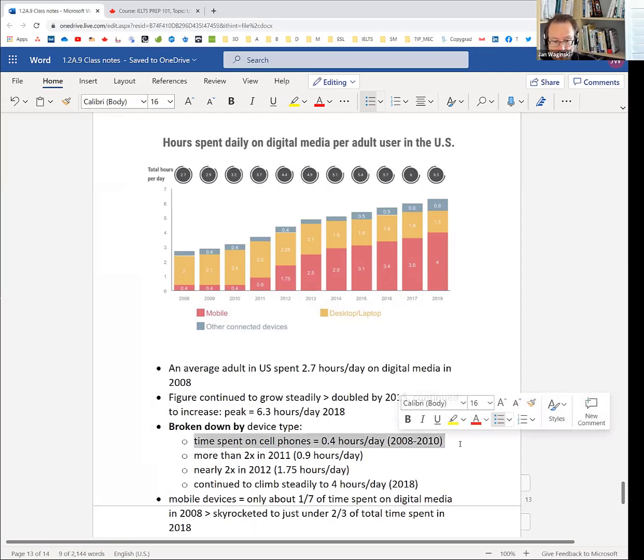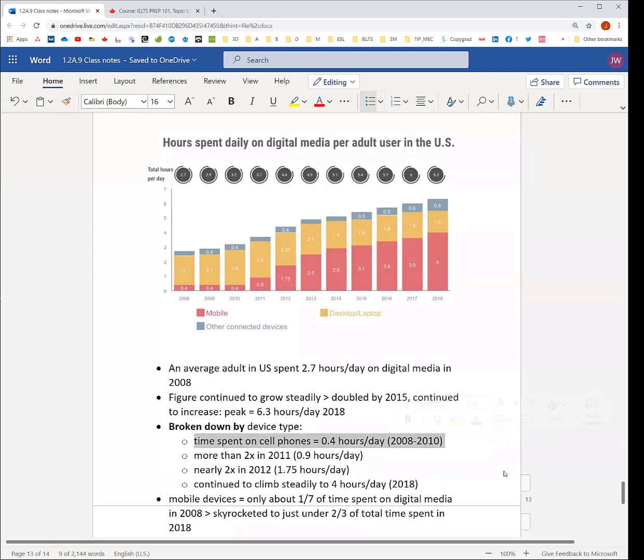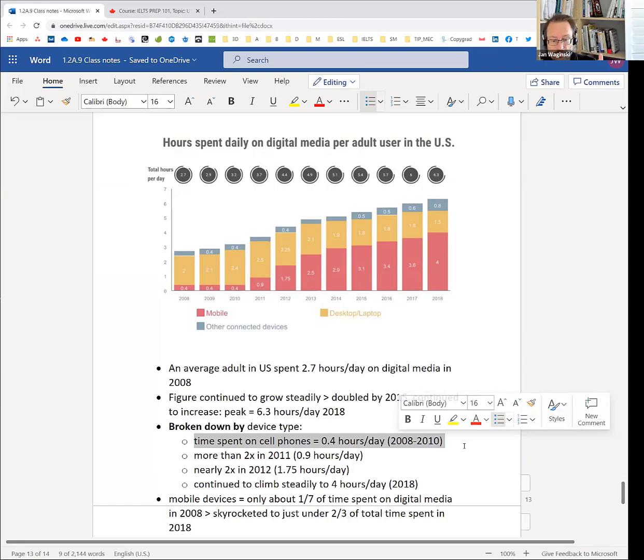Let's do the first one, okay? Time spent on cell phones between 2008 and 2010 remained the same at 0.4 hours per day. Remember, it's from, to, or between, and.